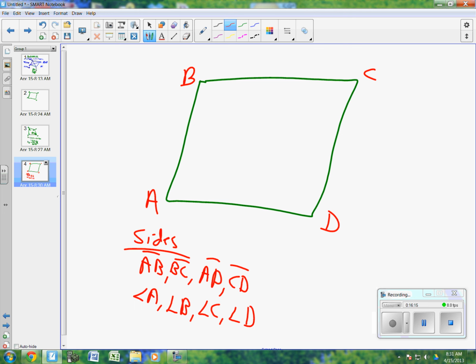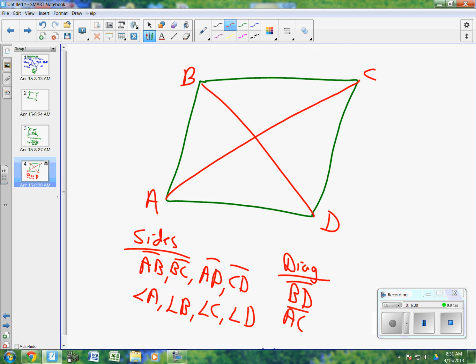And name the diagonals of the quadrilateral. What are the diagonals? BD and AC. Should put segments over them because they're segments. So these are the two diagonals right here. That's all you had to do on that one. Okay?